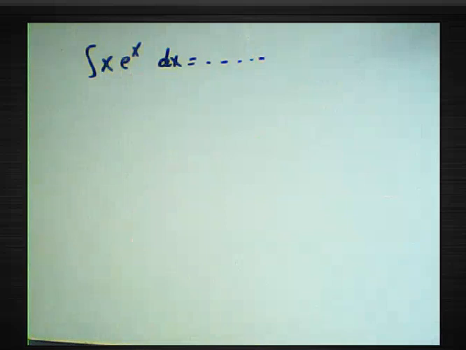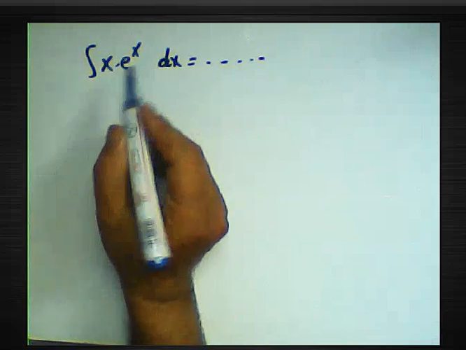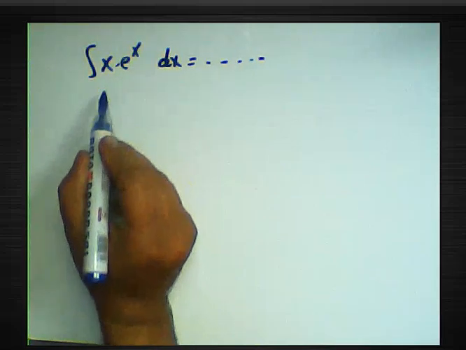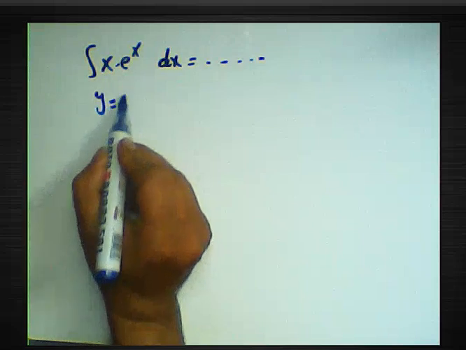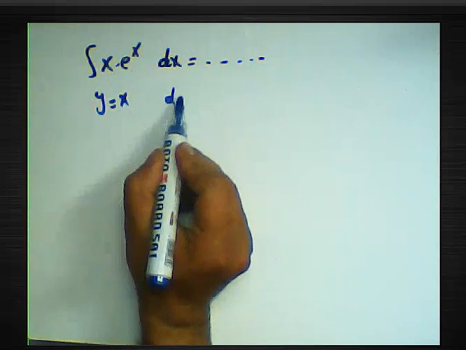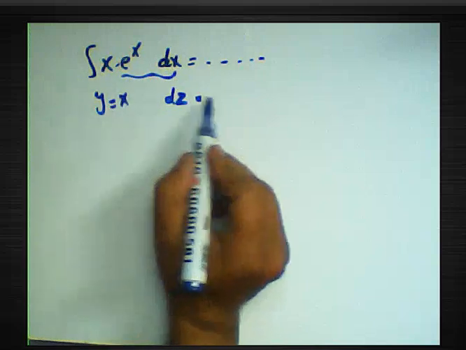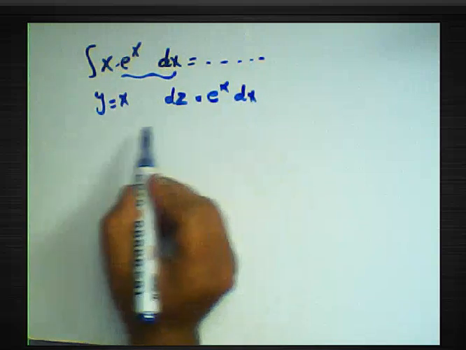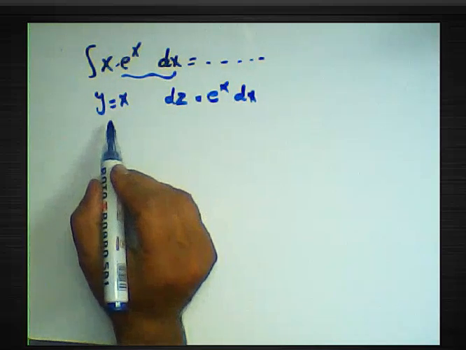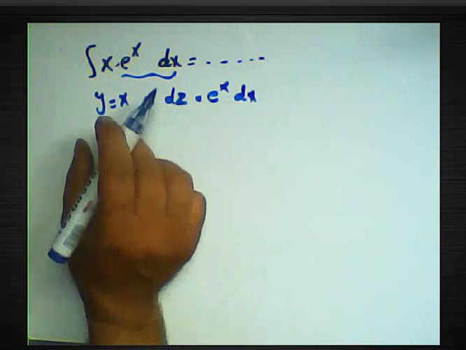Integration of x·e^x dx. We must choose the first function y equal x, and the second function dz equal e^x dx, and the integration of this function and the derivative of this function.